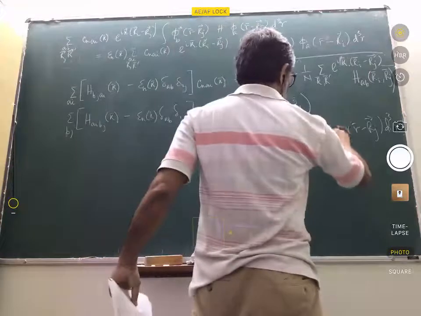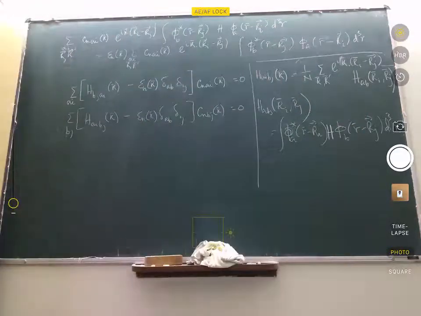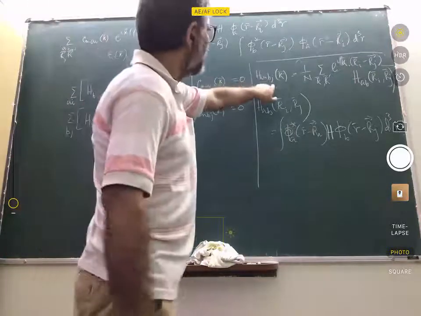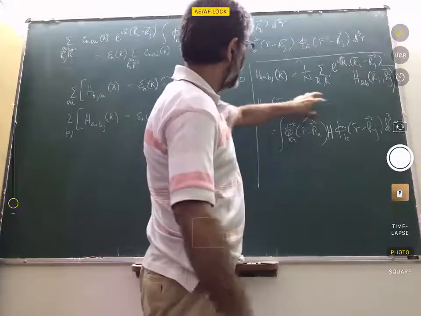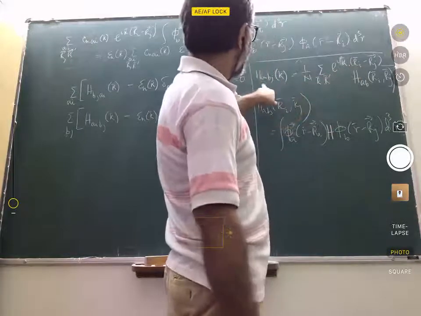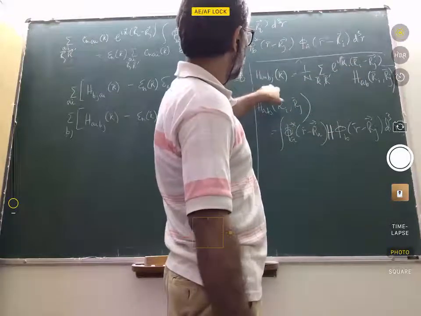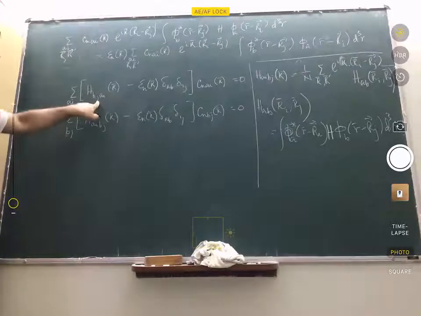There is a Hamiltonian here, and this thing is the Fourier transform of that. When I take this object and do this transform, I get something which I call H_AiBj at K, at a particular K. So that is how from this I get this.